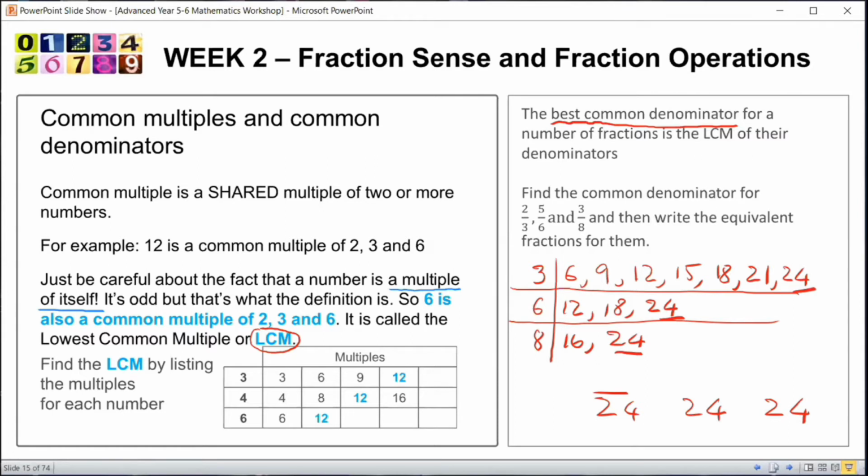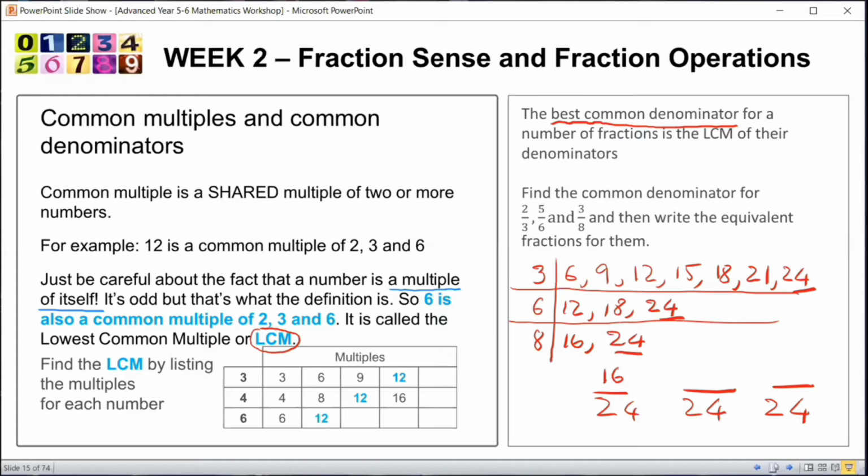So 3 fractions. All right, let's deal with the first fraction, 2/3. If you divide 3 into 24, you got 8. So 8 times 2 at the top, you got 16.